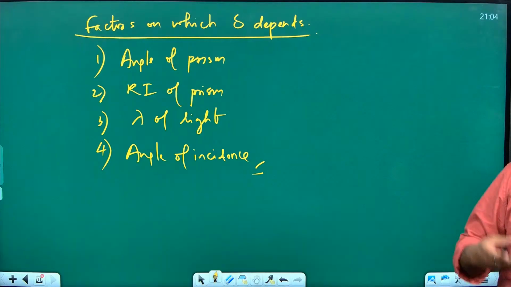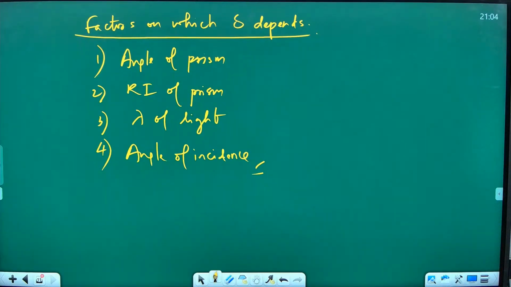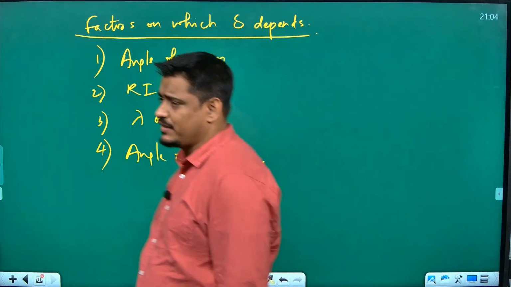Now please pay attention. You should understand how it depends upon all these four factors.